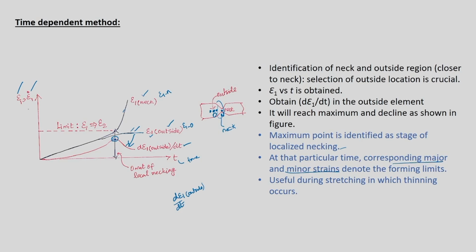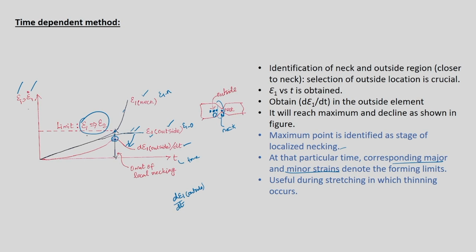You can draw a vertical line to hit this portion, which is your epsilon 1, and then the corresponding epsilon 2 together will give you the forming limit strain. To keep it a little more conservative, you can also choose the outside region as a reference, and you can get epsilon 1 star and epsilon 2 star.